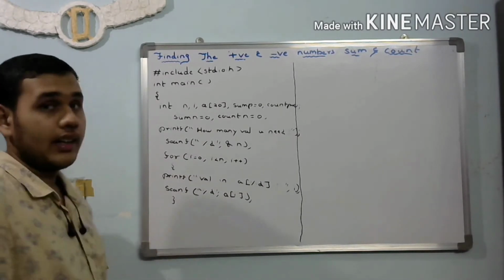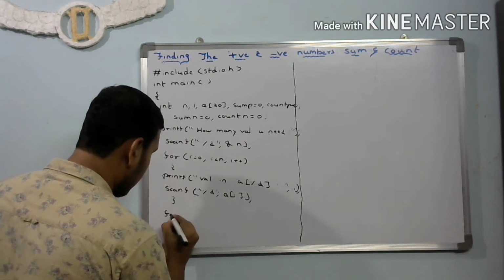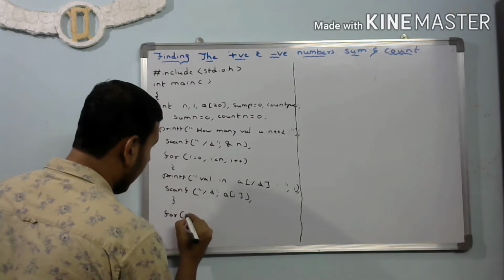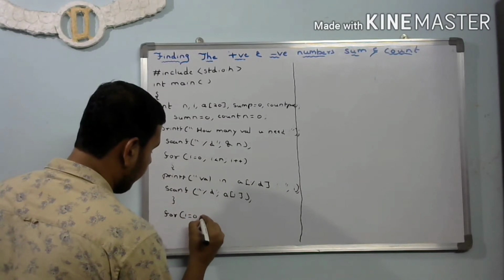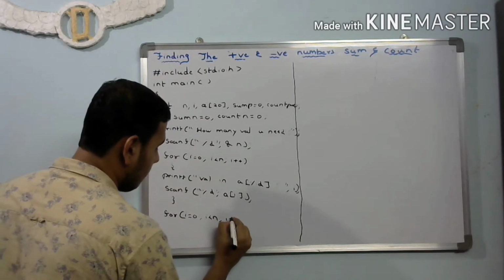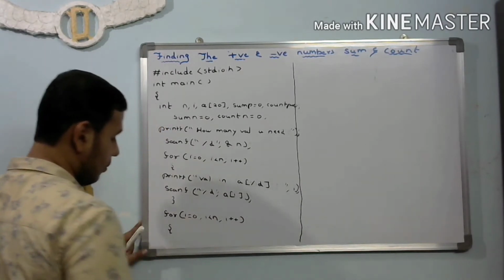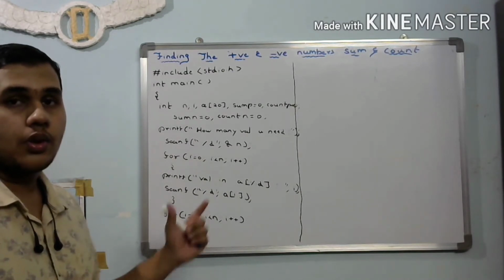Now let me start another for loop here. For i is equal to 0, i less than n, i plus plus, the for loop starts. Now let's go to the condition.